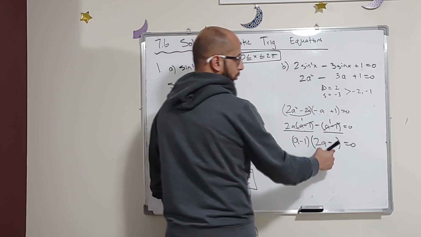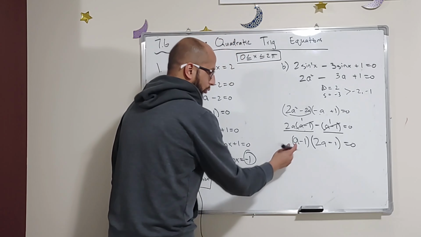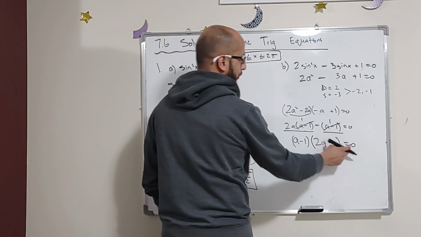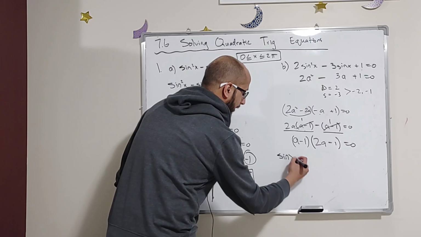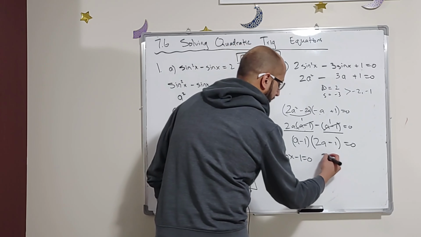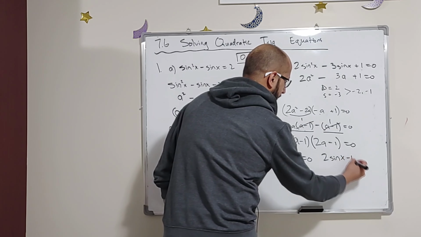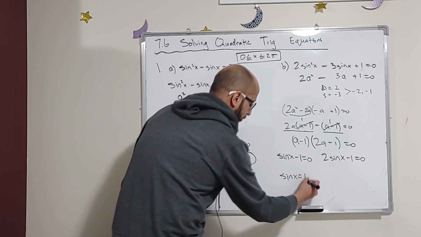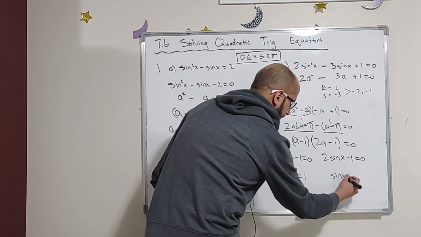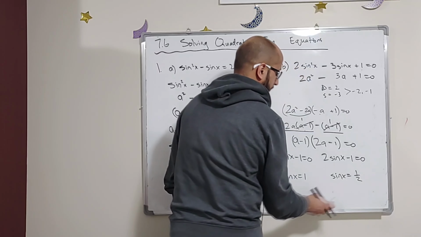So a minus 1 times 2a minus 1 is equal to 0. Instead of a, I will write sine x minus 1 equals 0, and 2 sine x minus 1 equals 0. So I will have sine x equals 1, and sine x equals a half.